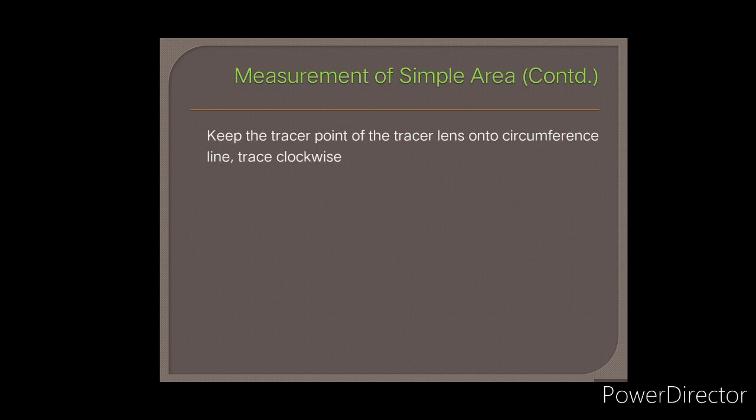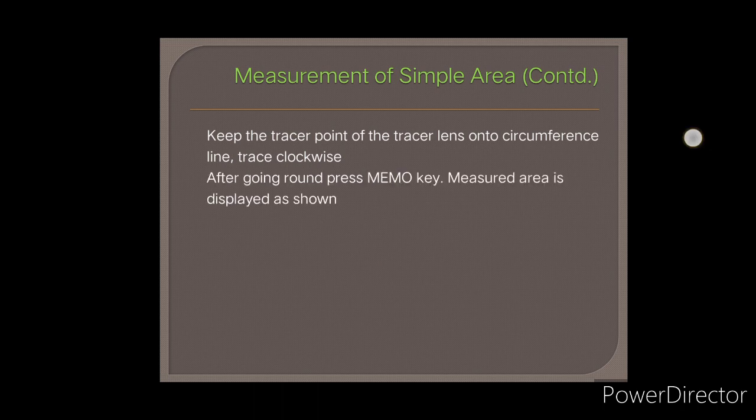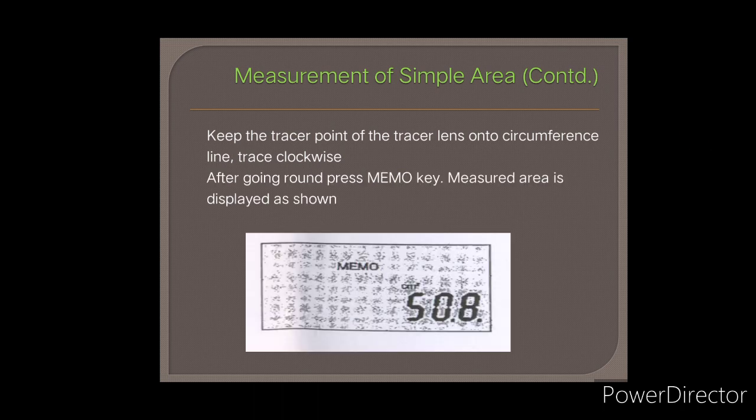And after that, to know how much area has been obtained, you have to press the memo key. Then you will be getting the measured area, some 50.8 centimeter square, like that. Now the start key is to start the work, that is, rotating the tracing magnifier, and memo is to display the amount of area which we covered around the periphery of that particular shape.